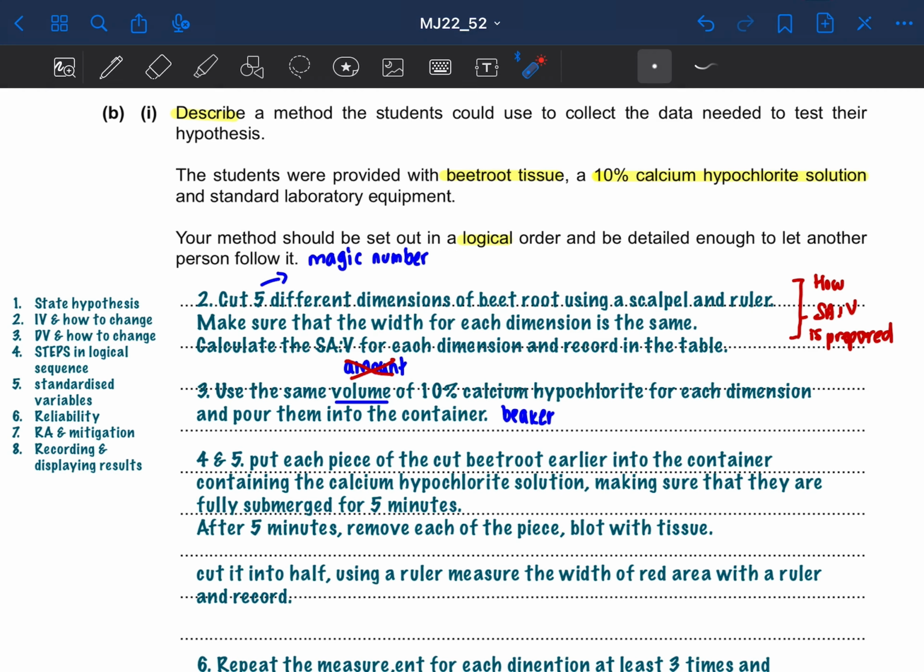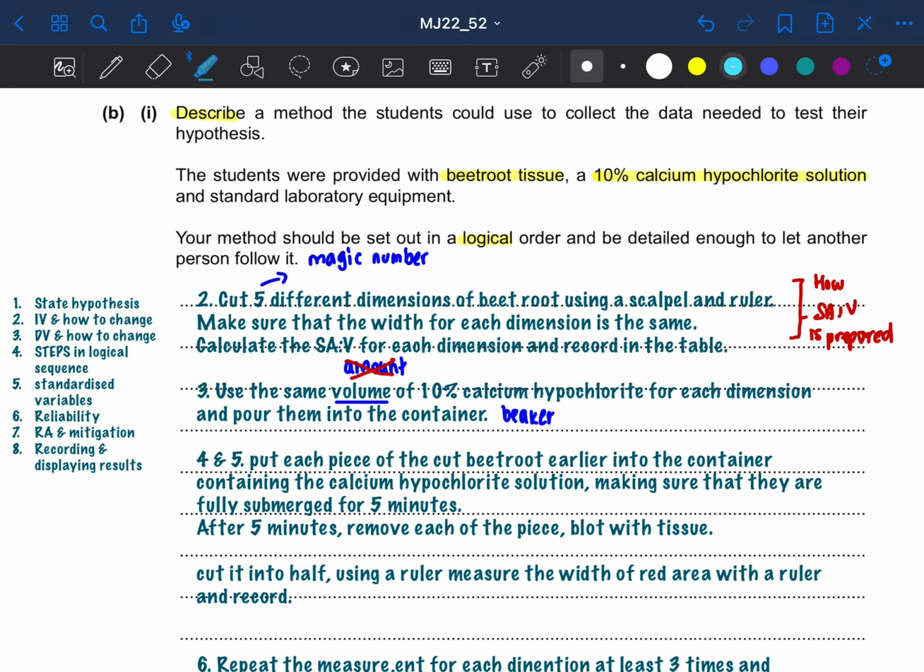Next is how we are going to make sure that the procedure is the same. So for example, continuing the description, we're going to be putting each piece of the cut beetroot earlier into the container or beaker, if you want to improve this answer, containing that calcium hypochlorite solution, making sure that they are fully submerged.